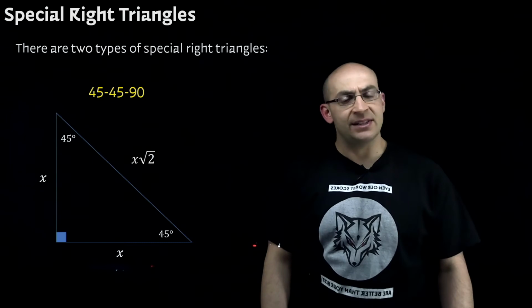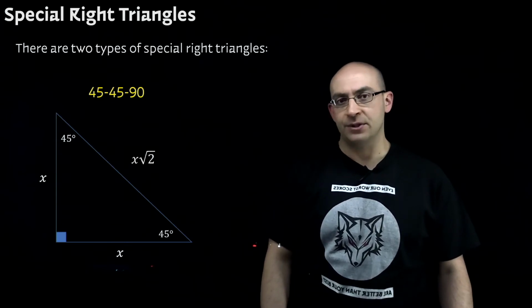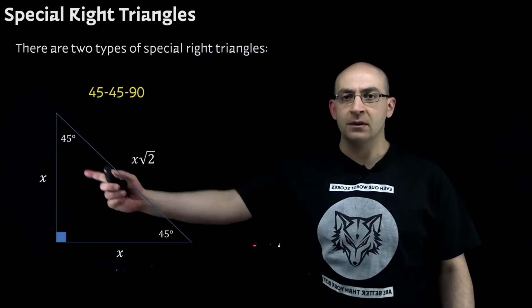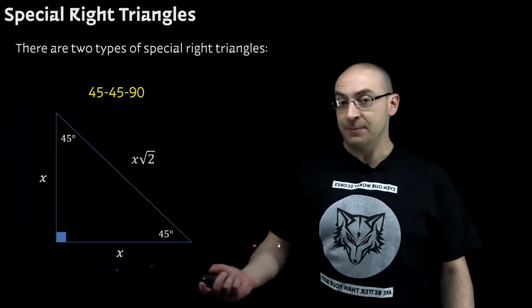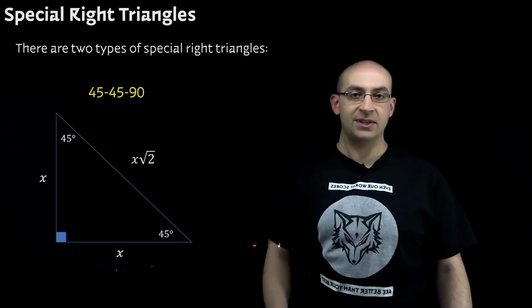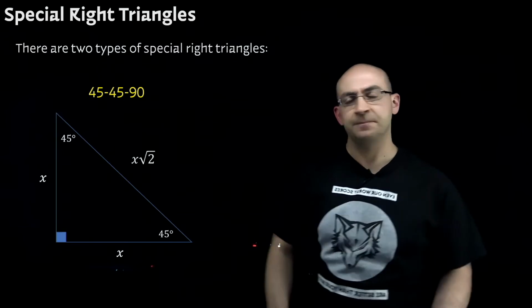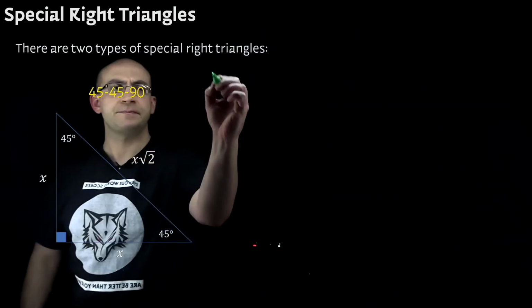Now, this actually makes sense if we were to plug in a few numbers for X and solve for the hypotenuse. Let's say we had 4 and 4. Well, if I did Pythagorean theorem, 4 squared plus 4 squared, or 16 plus 16, is 32. If we were to square root 32, let's take a look and see what we have.